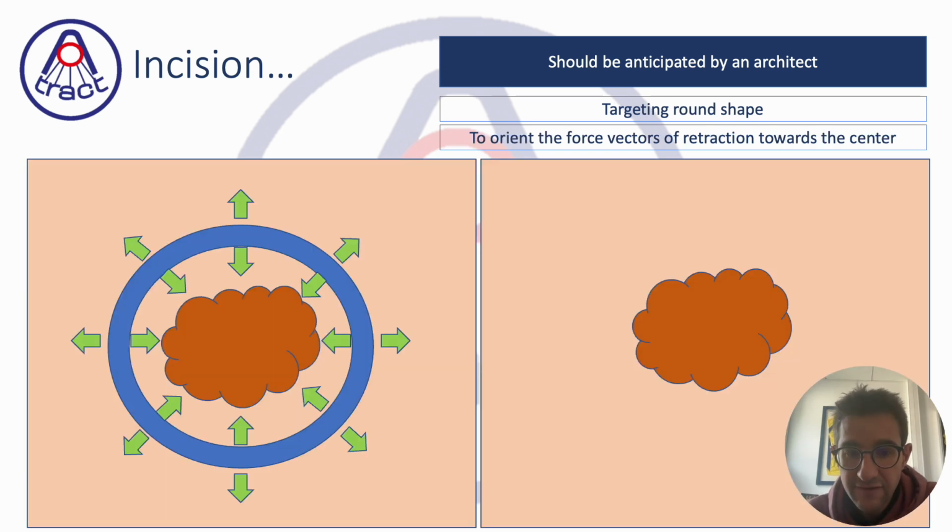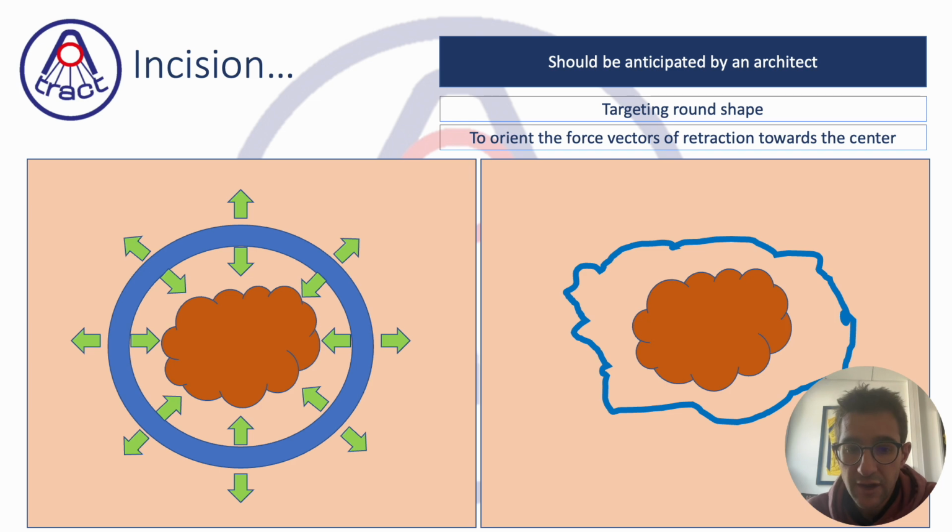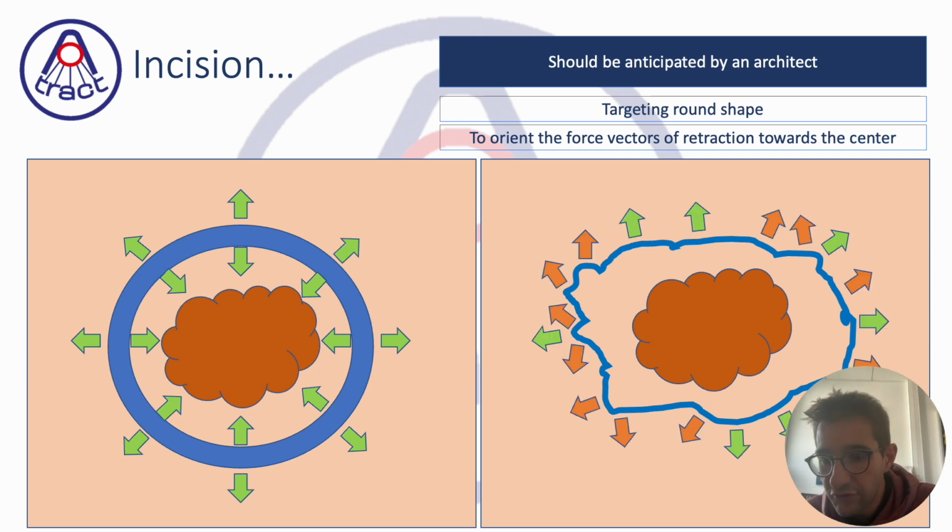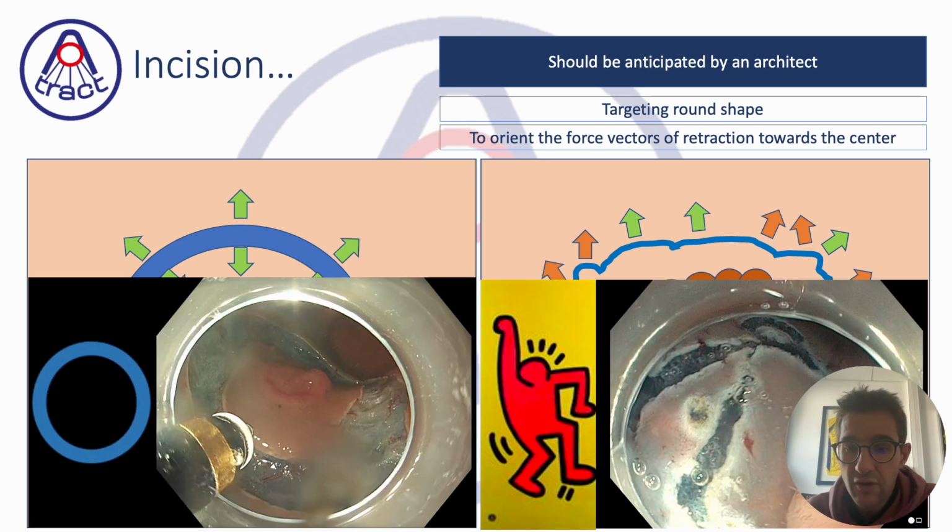You should target a round shape because if you do a round shape, all the force vectors are trying to reduce the lesion to the center of the piece, and it will make the opening of the space easier. Also, if you do it with many different directions, you will have a very difficult ESD.